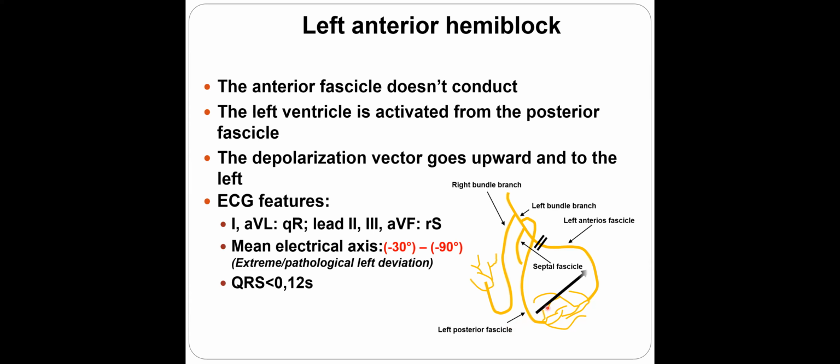So this way we do have a pathological, what kind of deviation? We do have a left deviation. So if we do have a pathological left deviation, we have to think that we could have an anteroseptal or anterofascicular problem. I will show you on the camera and you will understand.